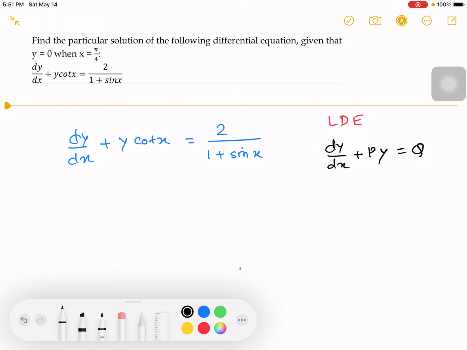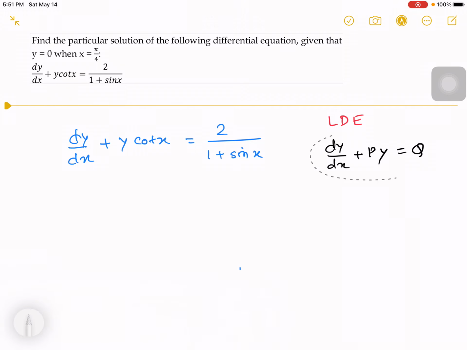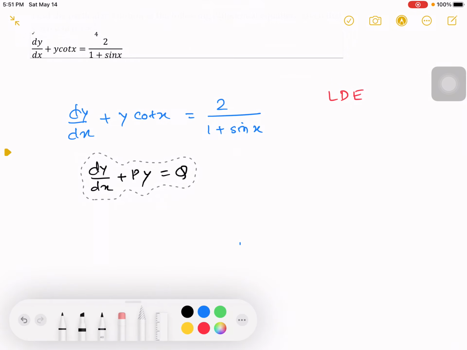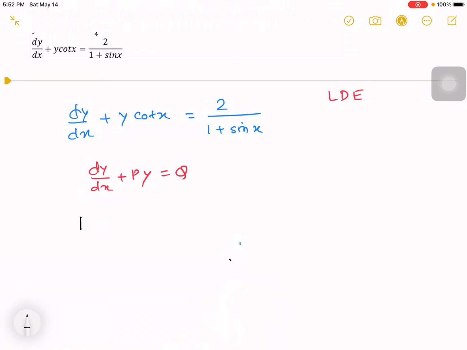First we will compare this equation with the linear differential equation, then we get p is equal to cot x and q is equal to 2 divided by 1 plus sin x.